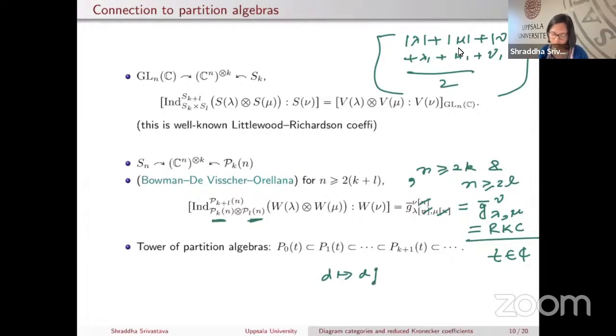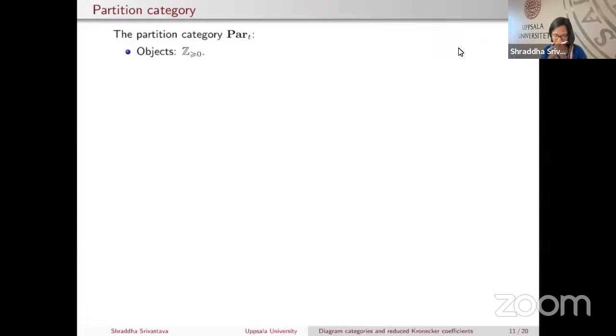There we require all the algebras to be semi-simple. For example, one can do a Okounkov-Vershik approach. But as we know, in the case of partition algebra, when we fix t and vary k, after finitely many steps everything is going to be non-semi-simple. So perhaps there should be some other approach, and one can do this using the language of the partition category. That's our next target.